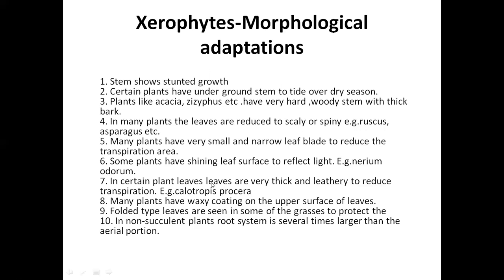In certain plants, leaves have a very thick and leathery surface to reduce transpiration. For example, Calotropis procera, where we see very thick and leathery leaves to prevent transpiration. And many plants have a waxy coating on the upper surface of the leaves, and folded leaves are seen in some of the grasses to protect the water.